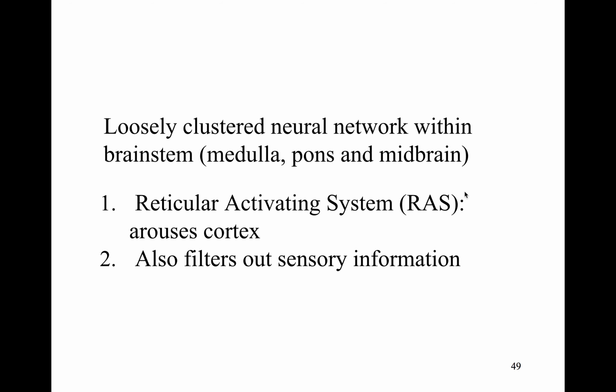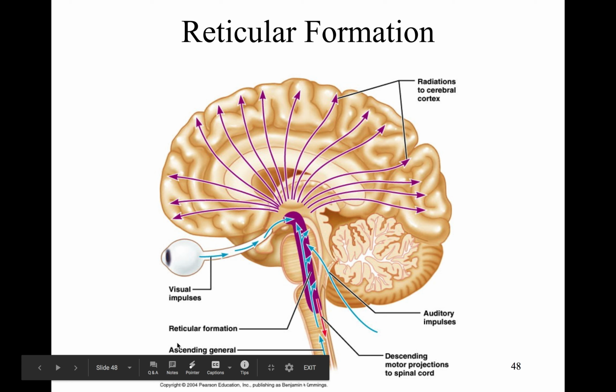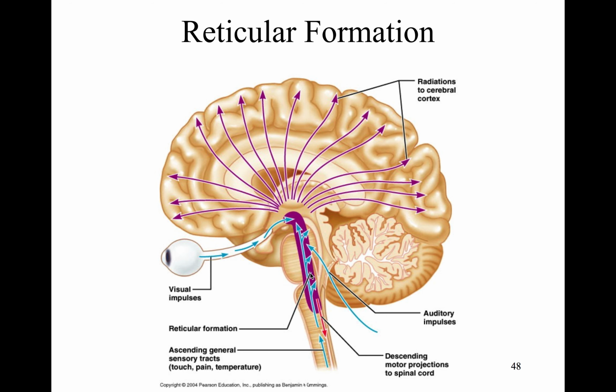The reticular activating system is a group of neurons that receives sensory impulses from all over the body. All of our ascending general sensory information comes in and synapses with this group of neurons at the central core of the brainstem.